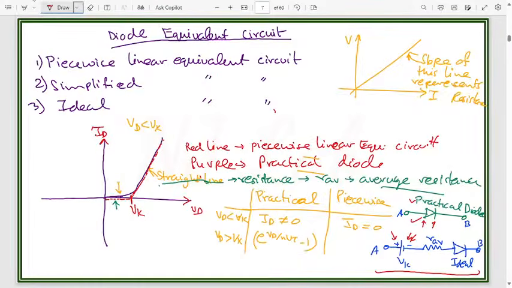So when the potential across these two terminals, C and D, when C is positive and D is negative, meaning C is at high potential in comparison to D, then this ideal diode will be replaced with the straight wire, meaning closed circuit. And when C is at low potential in comparison to D, then this diode will be replaced with the open circuit.